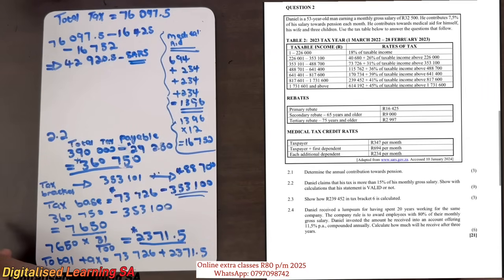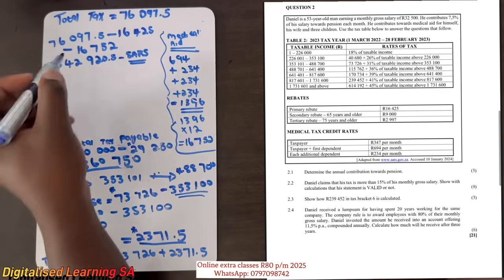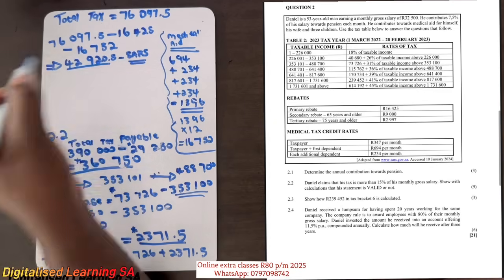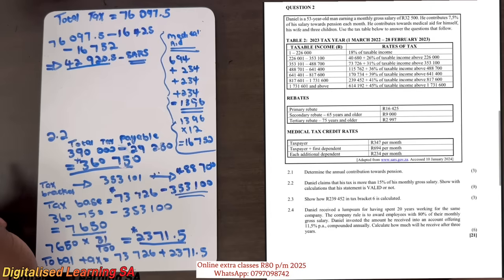If we go back to our question, we are told that Daniel claims that his tax is more than 15% of his monthly gross salary, meaning that we need to first convert this annual amount into monthly to see how much tax he is paying per month.